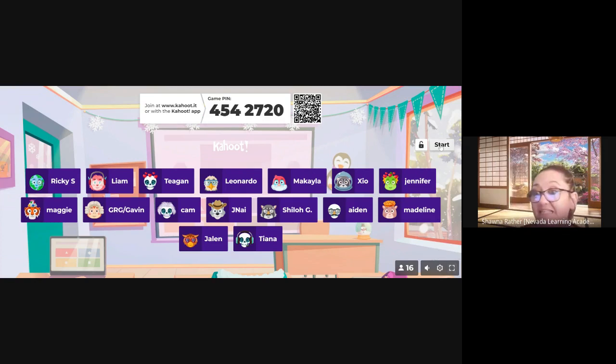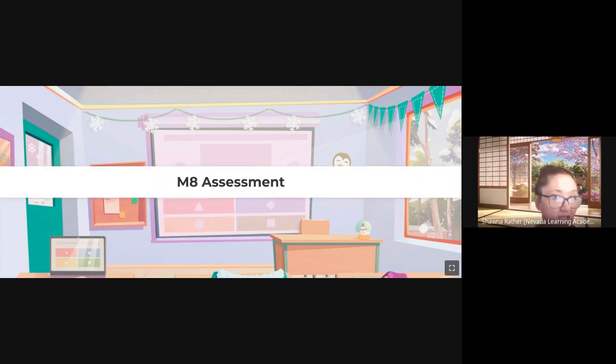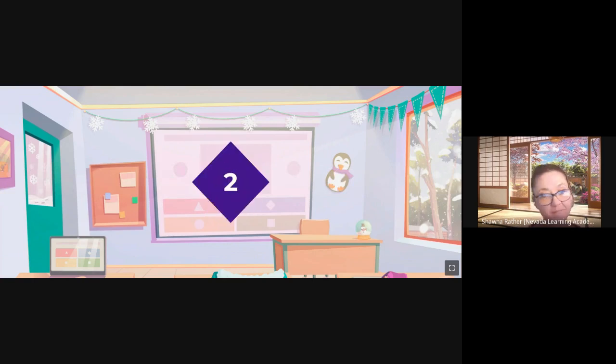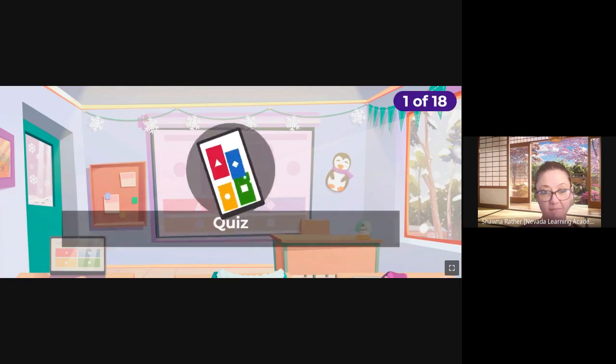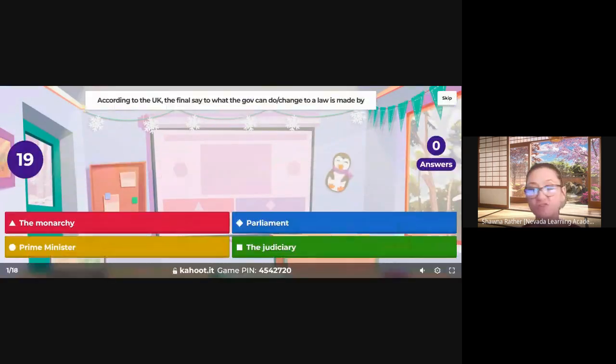All right, so let's get started because we got 18 questions to get through. According to the UK, the final say to what the government can do or change to a law is made by who makes these changes in the United Kingdom?